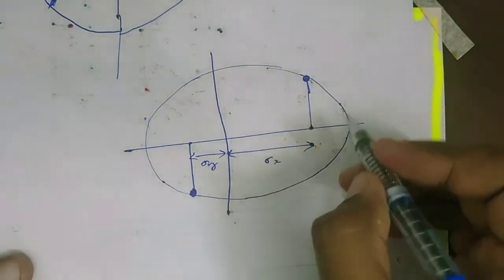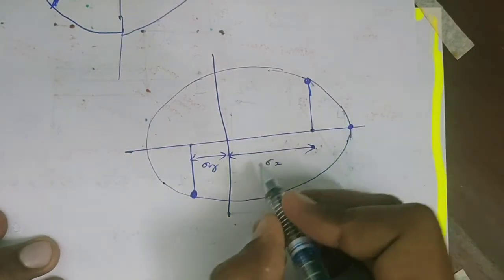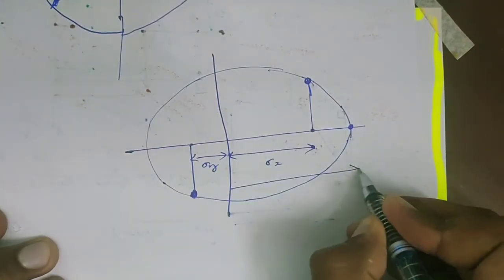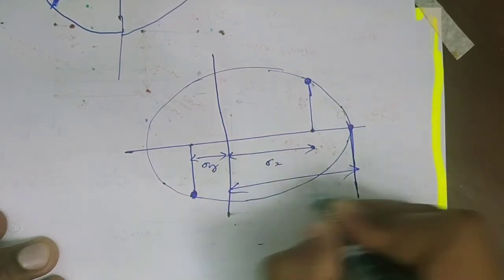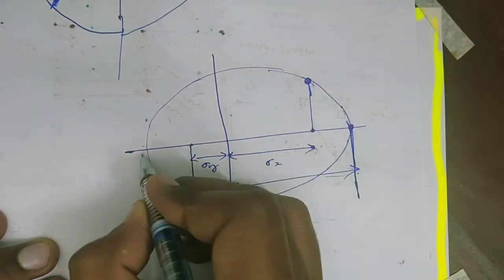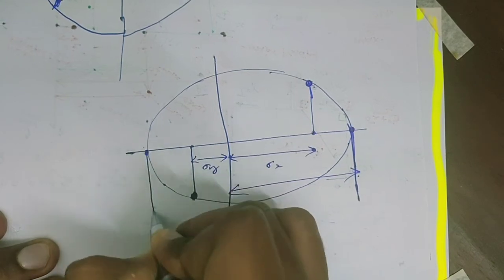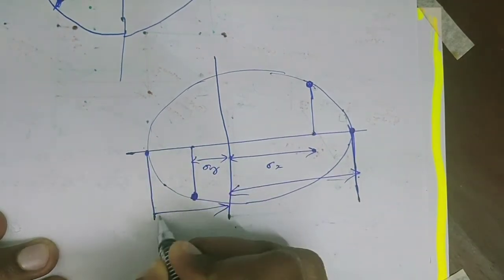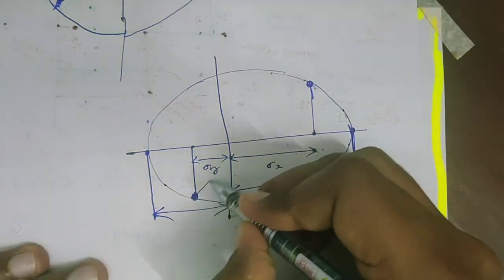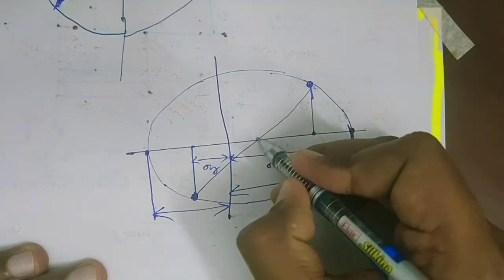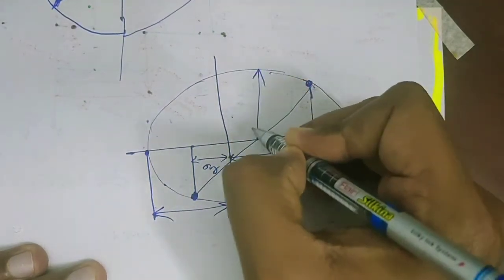Okay, and this distance is the major principal stress, and the minor principal stress is this value. This is the minor principal stress, and the maximum shear stress is taken from the center. Maximum shear stress is this value.